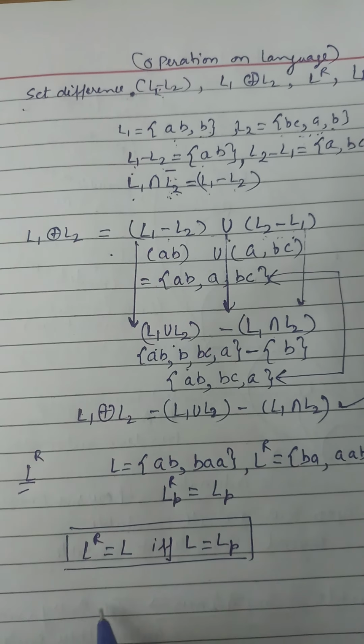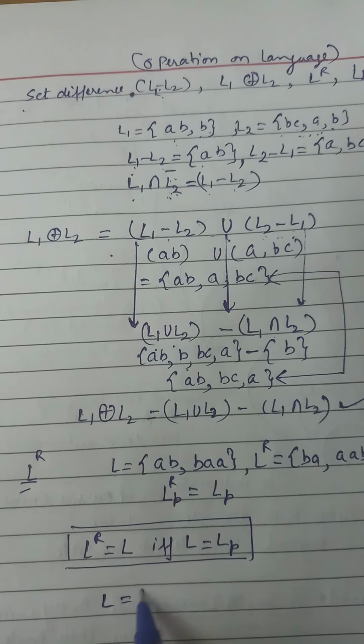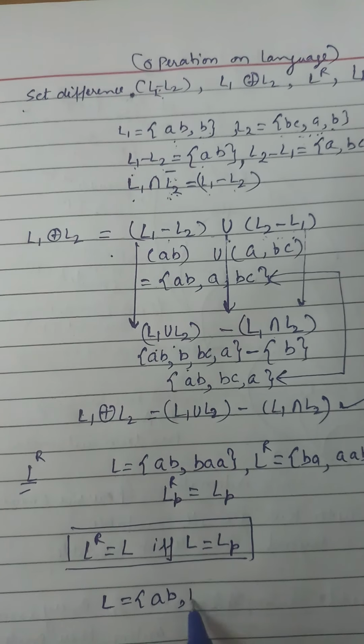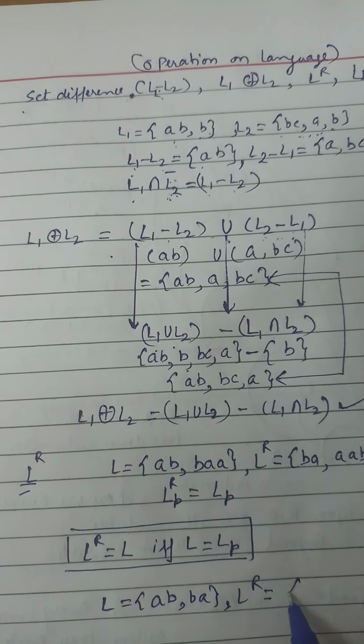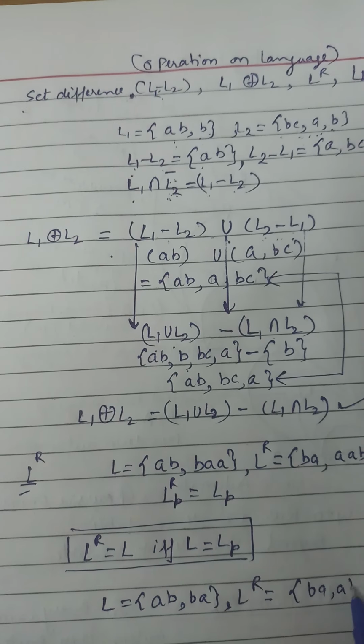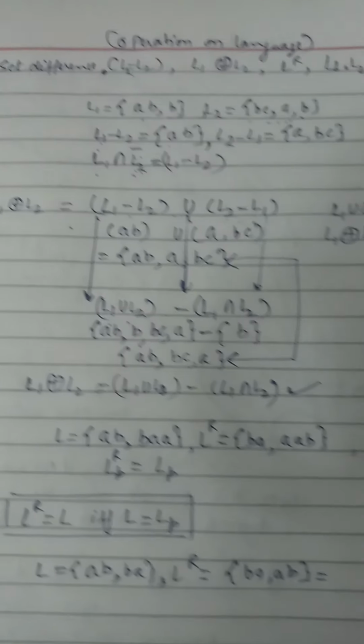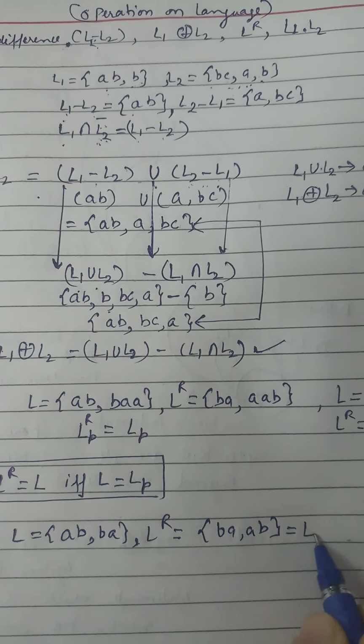Let's understand it with an example. Suppose L is equal to {AB, BA}, then the reversal language will be {BA, AB}, which is equal to the language.